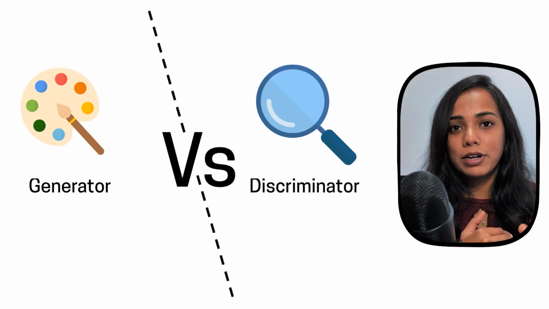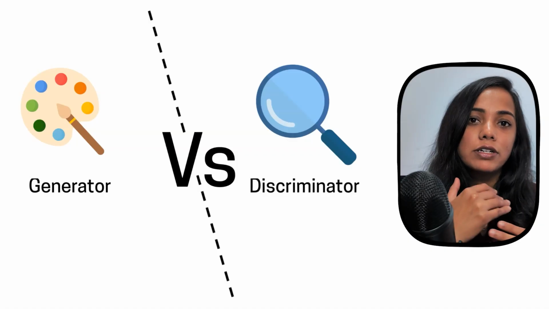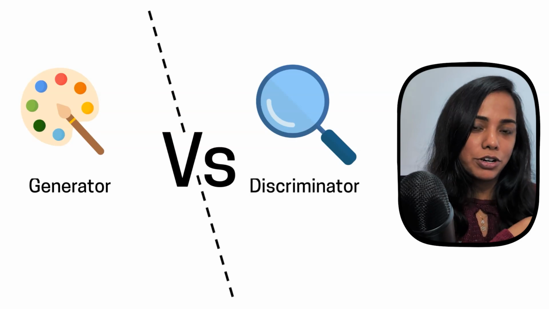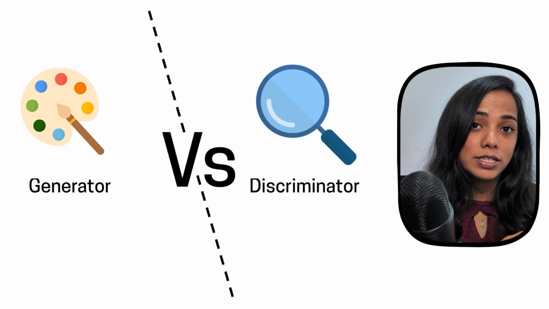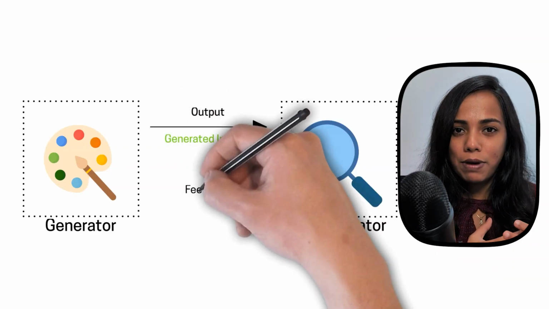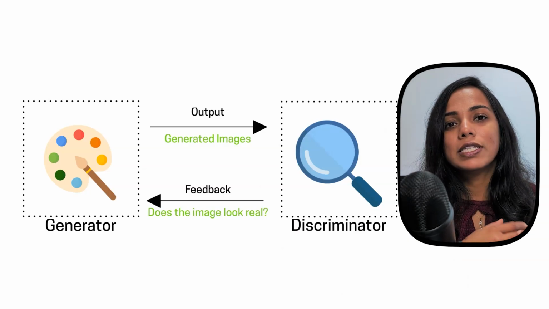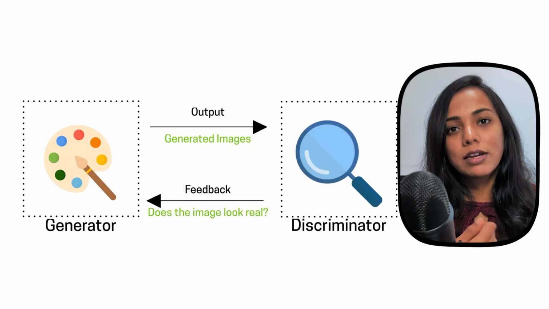Then there is the second neural network called the discriminator, which evaluates the outputs that were generated by the generator, and it classifies them into real or fake. So this constant feedback from the discriminator pushes the generator to produce increasingly realistic results.